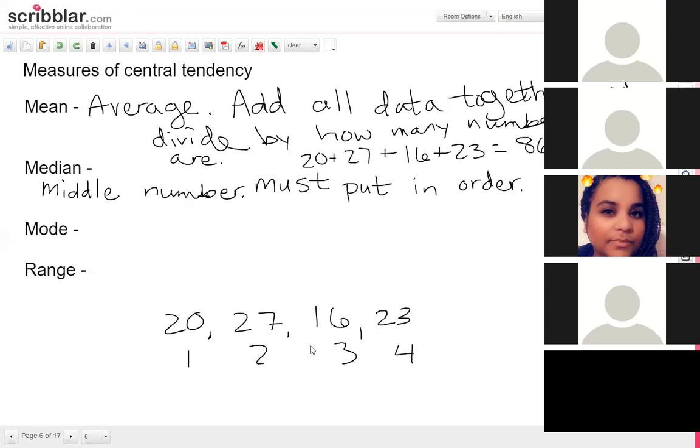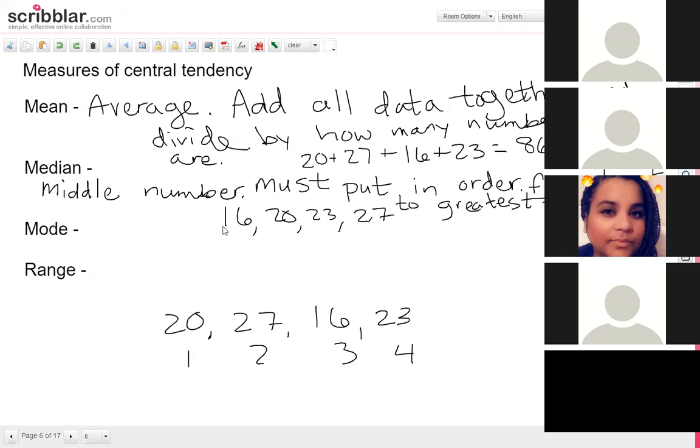So for our little example here, if we put them in order, and we want to put them in order from least to greatest, I should include that, least to greatest. If we put them in order, that's 16, 20, 23, 27.